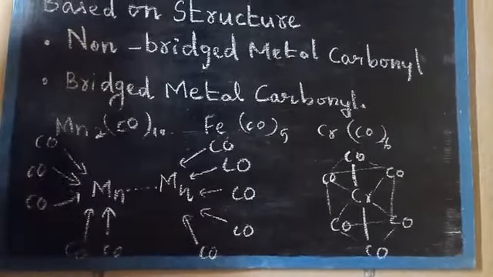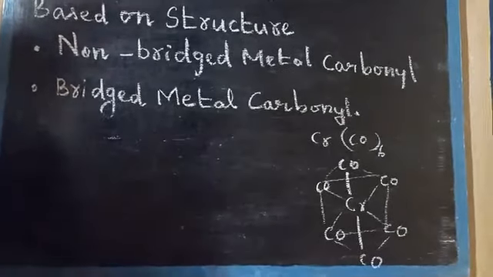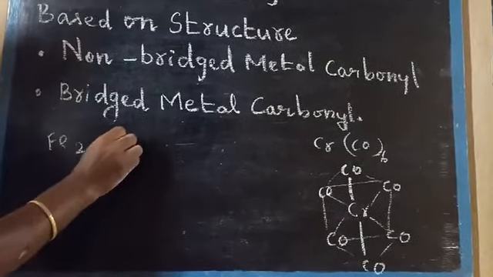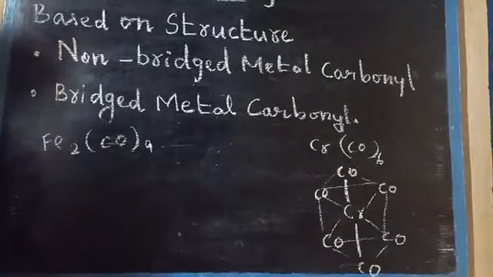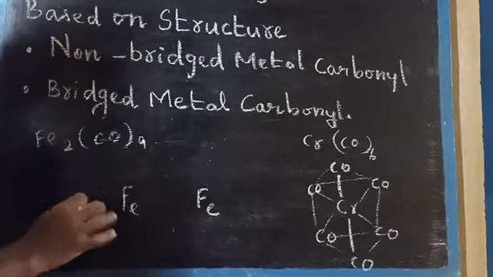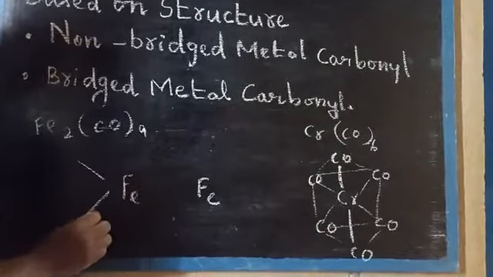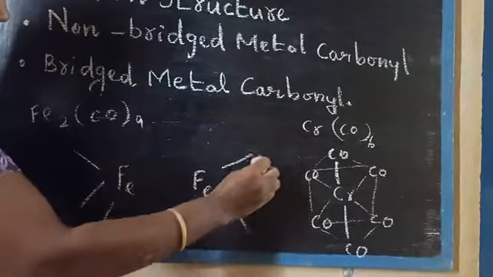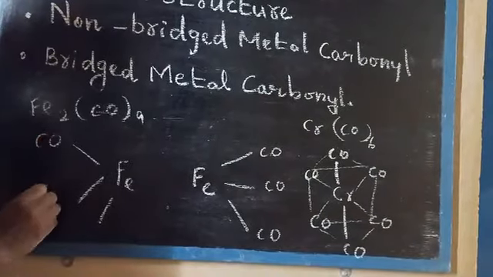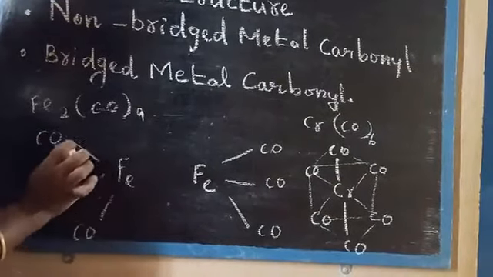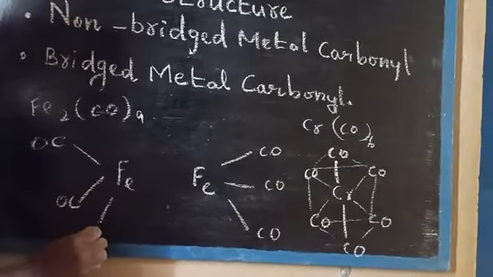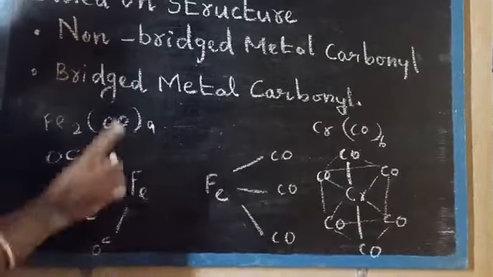Next we see the bridged metal carbonyl. This example, Fe2(CO)9. Here Fe and Fe. First write the terminal carbonyls: 1, 2, 3 on each iron, so totally 6 CO groups, remaining 3.